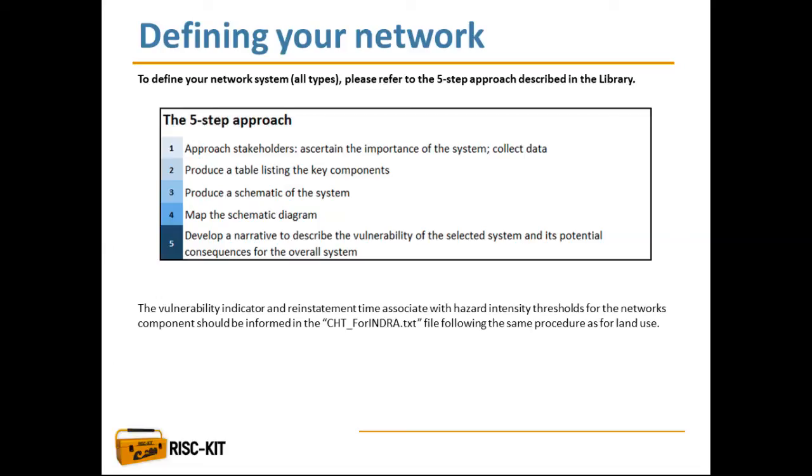Then you will have to produce a table listing the key components of your network and produce a schematic of it. Then you will have to map the schematic diagram to understand which components are potentially exposed to the coastal event. Then it is also important to develop a narrative to try to describe the vulnerability of the system and its potential consequences before actually running the INDRA model.